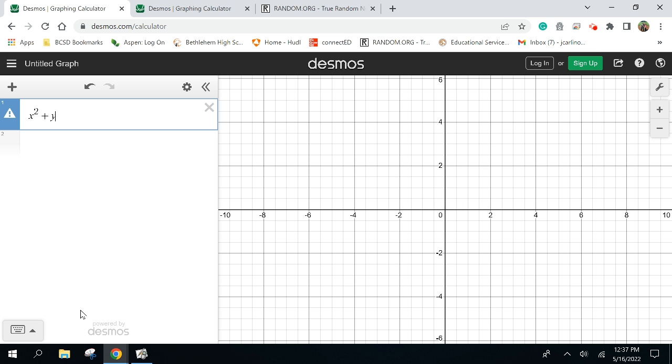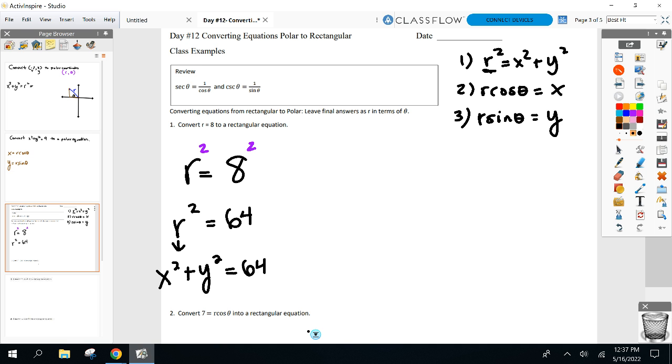Plus y, shift 6, squared, equals 64. Same circles? Yep. That's when you know you're done and you have it in the rectangular form. All x's and y's. No thetas, no r's, no sines or cosines. There's the rectangular version.